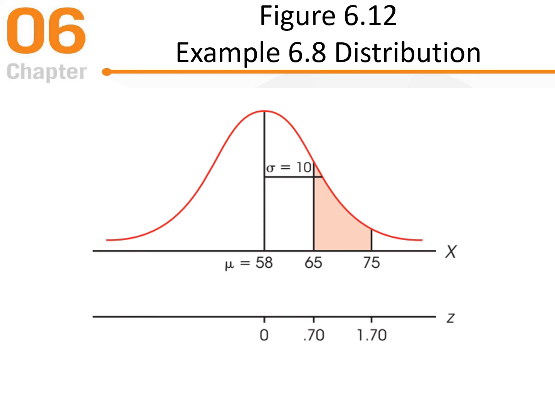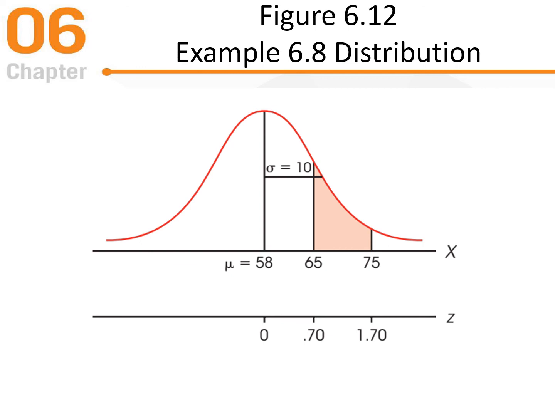If I'm doing another example where I'm looking between 65 and 75, I convert those two scores to z-scores once again. That gives me a z-score of 0.70 for 65, and 1.70 for 75. And then I need to find the area between.